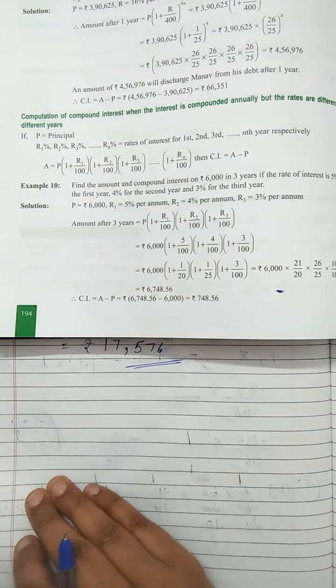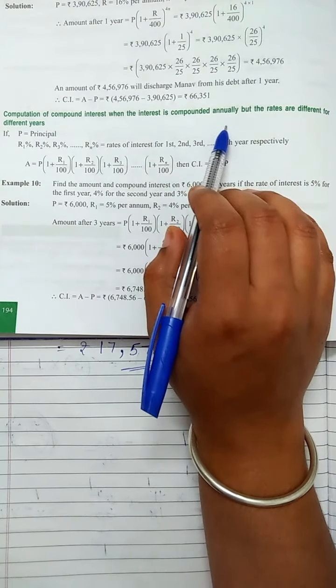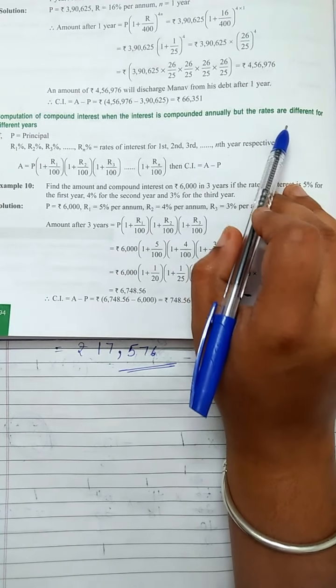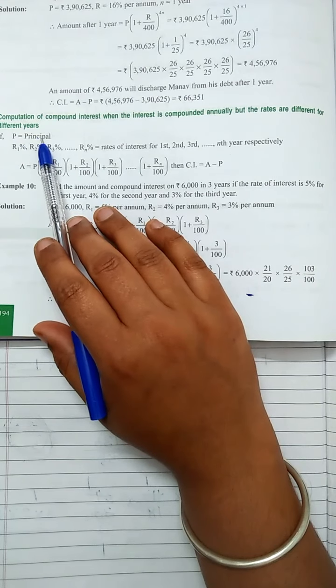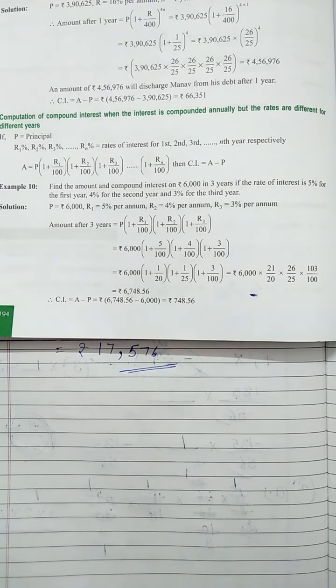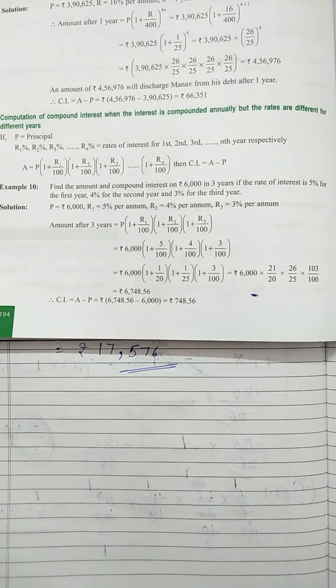Next is how we calculate the compound interest when interest is compounded annually, but the rates are different for different years. Sometimes for the first year the rate is different, for the second year the rate is different.